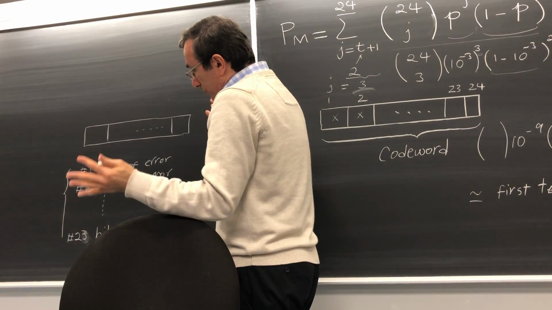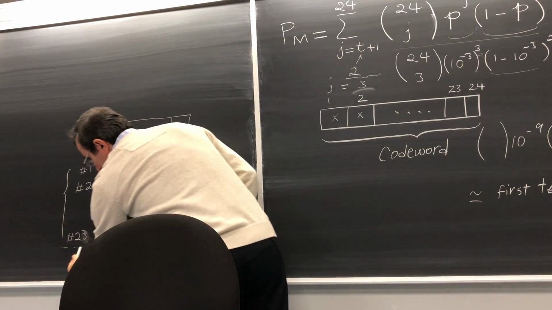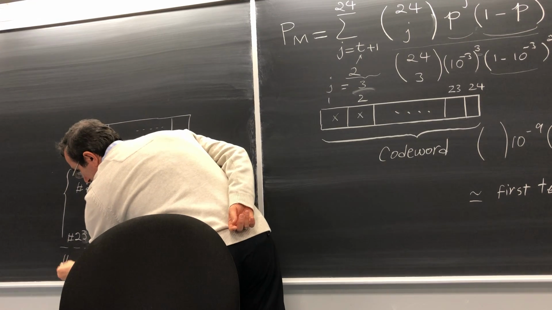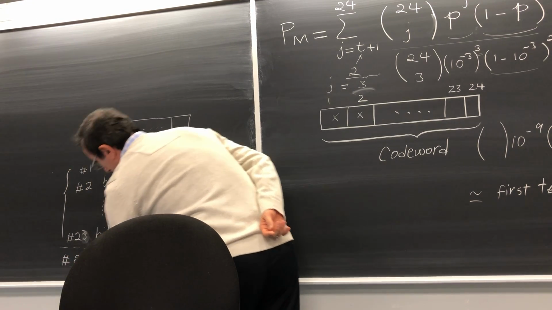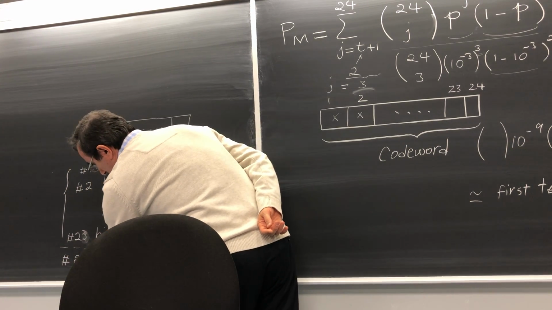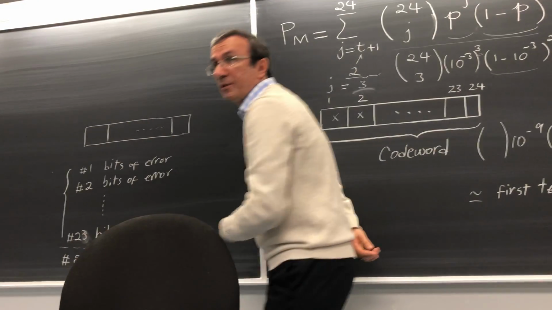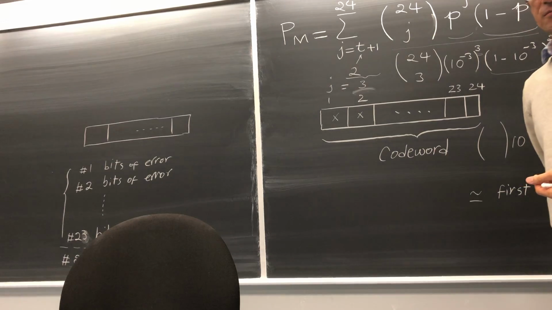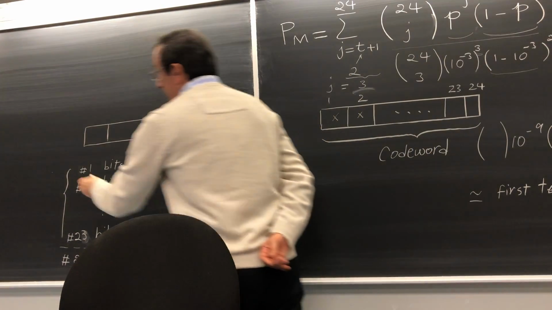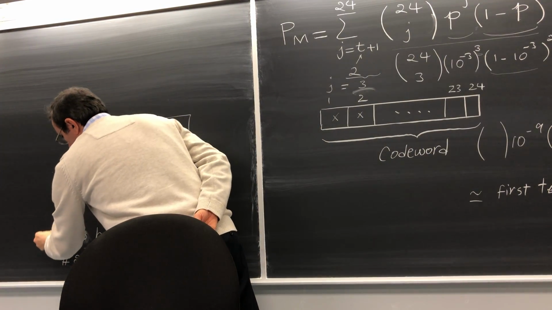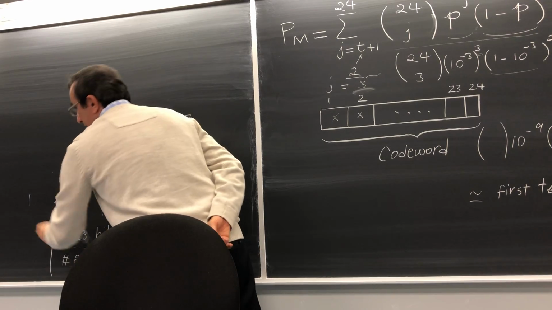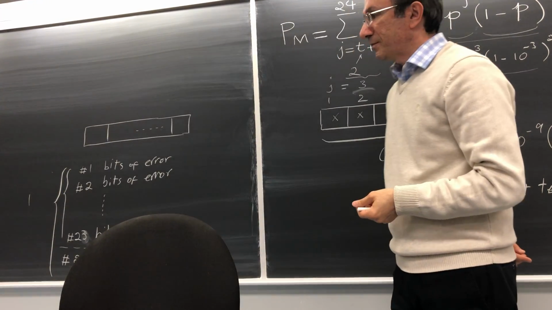So what are the total number of situations? That's going to be all the 23 first probabilities plus the probability of all the bits receiving an error, right? So the probability of the occurrence of all the 24 situations is going to be 1, right?